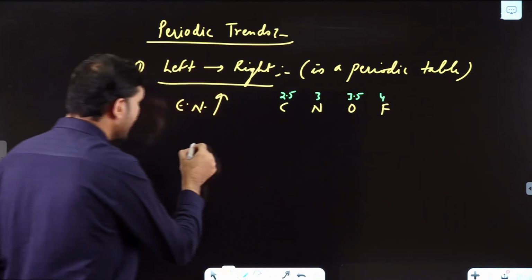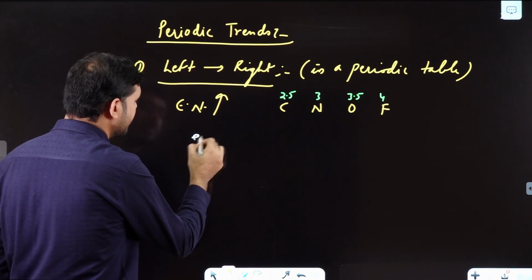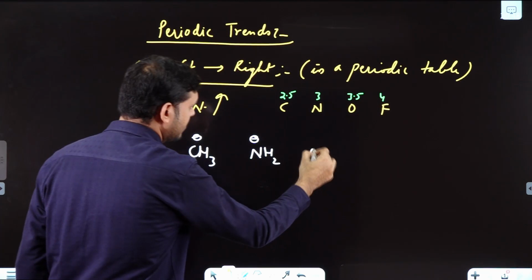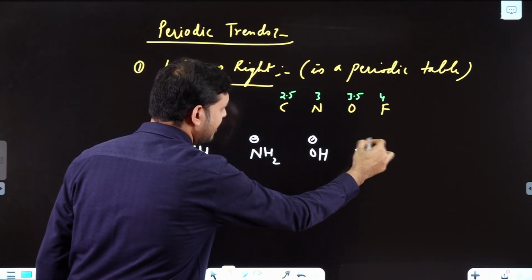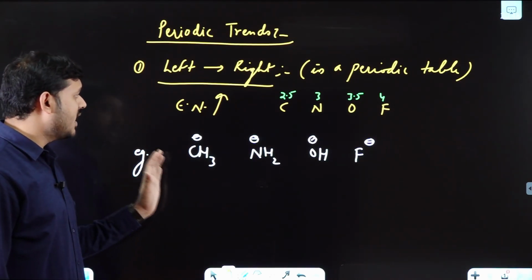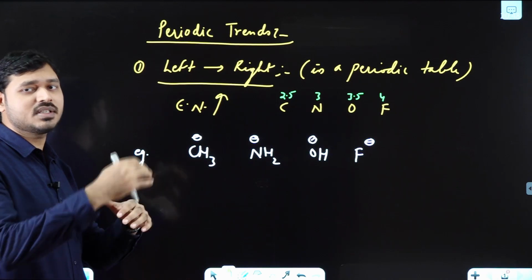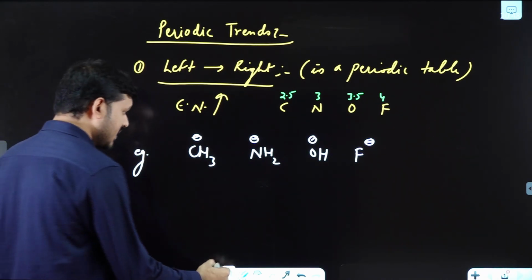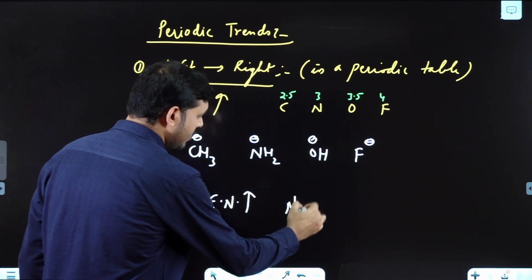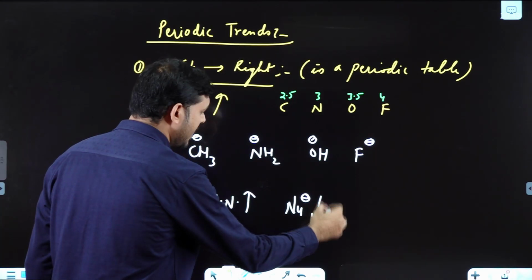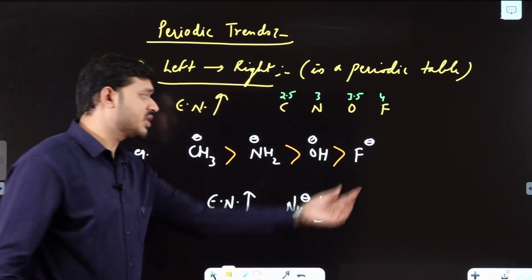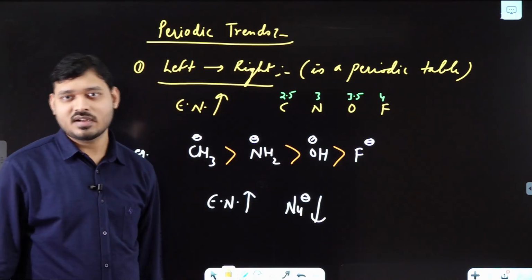So the order in this case will be, for example, CH3 minus, NH2 minus, OH minus, F minus. Okay, so simply you can understand, as the electronegativity increases, the nucleophilicity as well as basicity decrease. Here the order can be said as, because F minus is the most electronegative, it is the least nucleophilic. Clear to all?